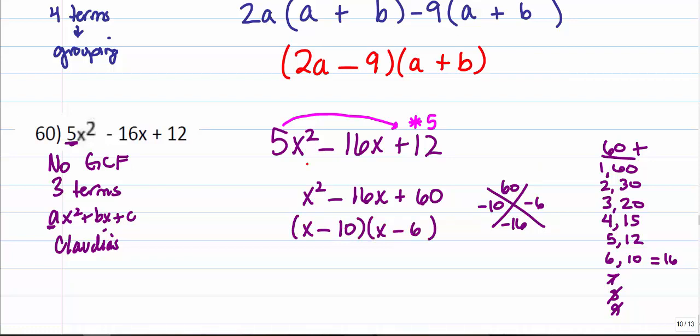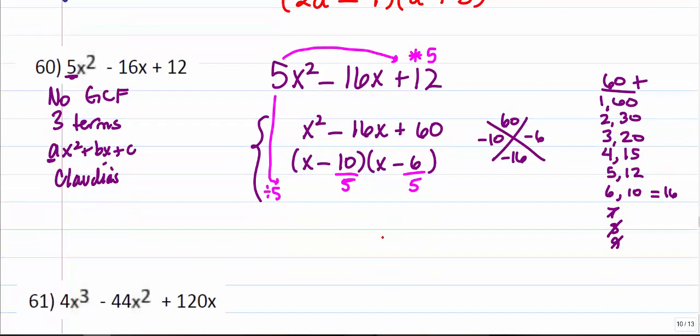I'm not done, though. That was for the easy problem. What I have to do to fix it is divide that 5 out from each one of these. So when I divide 10 by 5, I simply get x minus 2. That's what I'm going to get here. But 6 over 5 is 6 over 5.